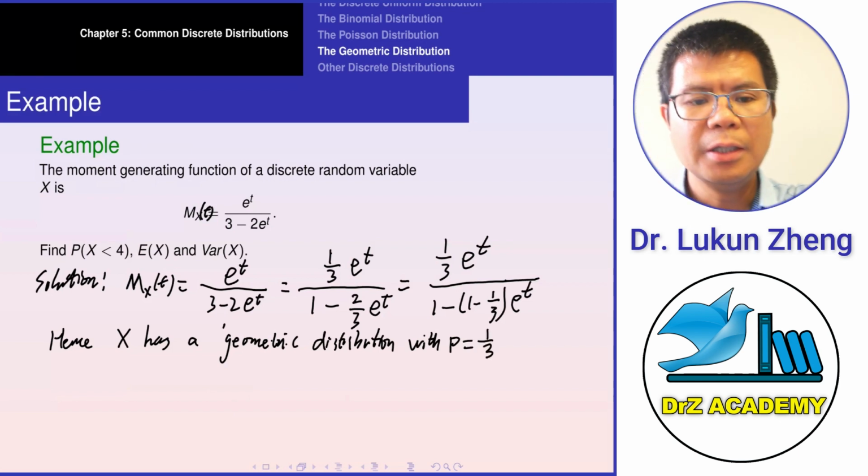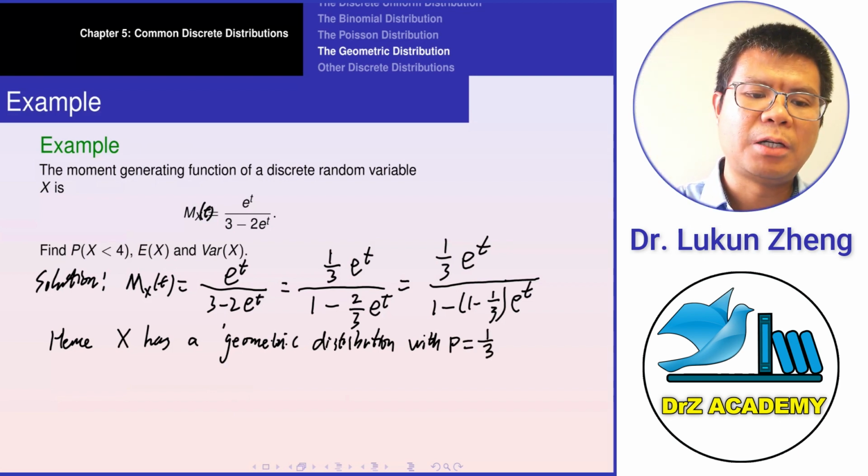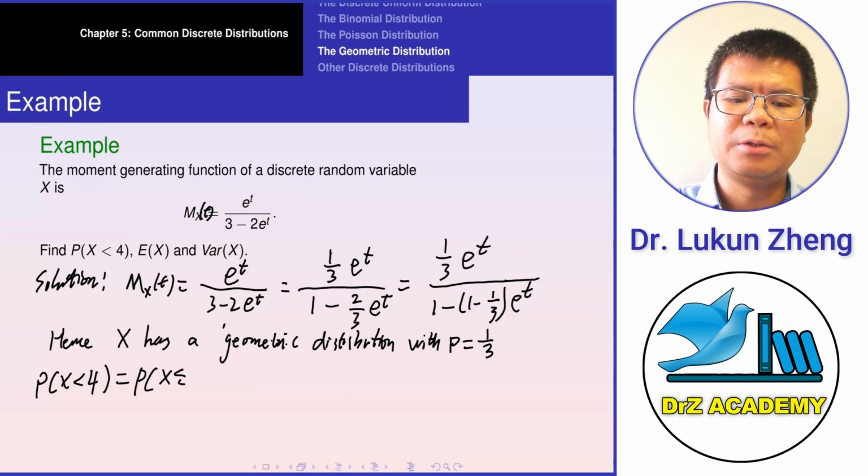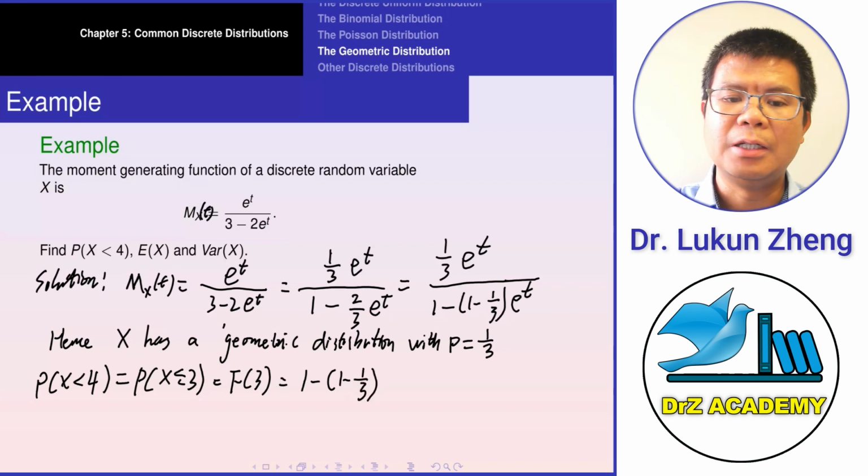P equals 1/3. Now, therefore, we can find the probability for x less than 4. Less than 4 is the same as what? Less than or equal to 3, right? So which equals F of 3, which is 1 minus (1 minus p), which is 2 over 3, to the power 3.